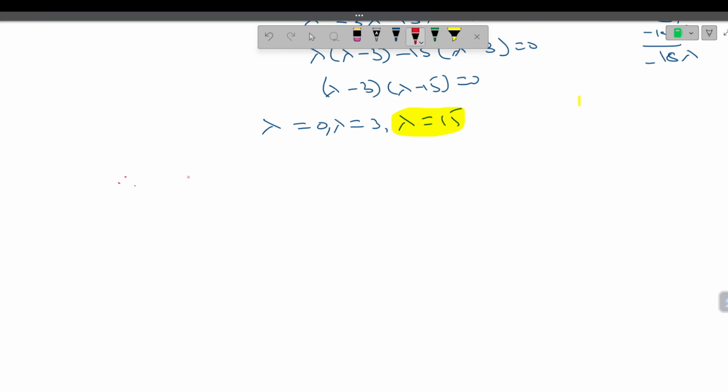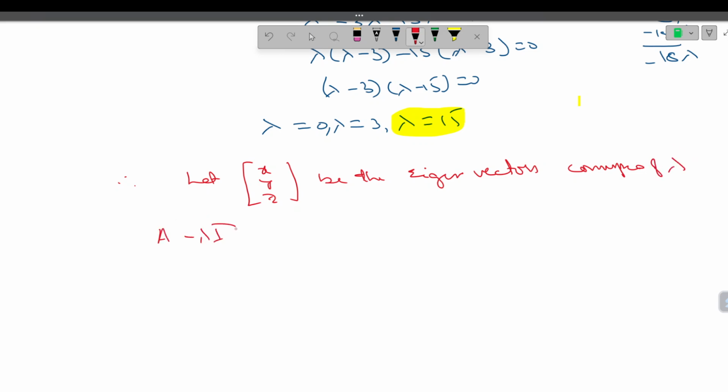Therefore, let x, y, z be the eigenvectors corresponding to lambda. Then (A minus lambda I) times x should be equal to 0.